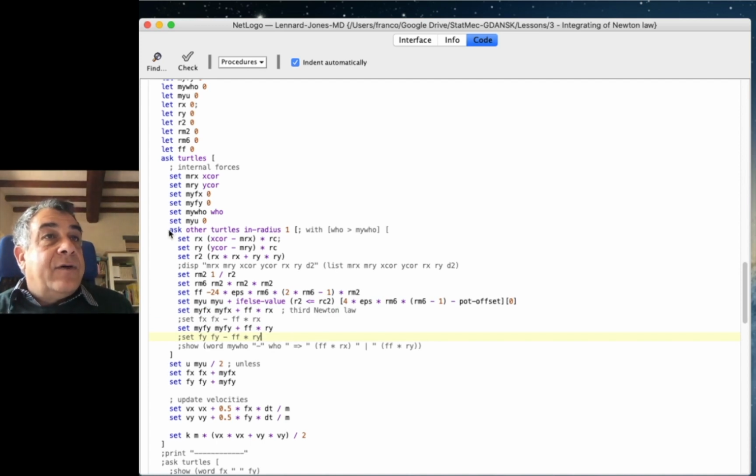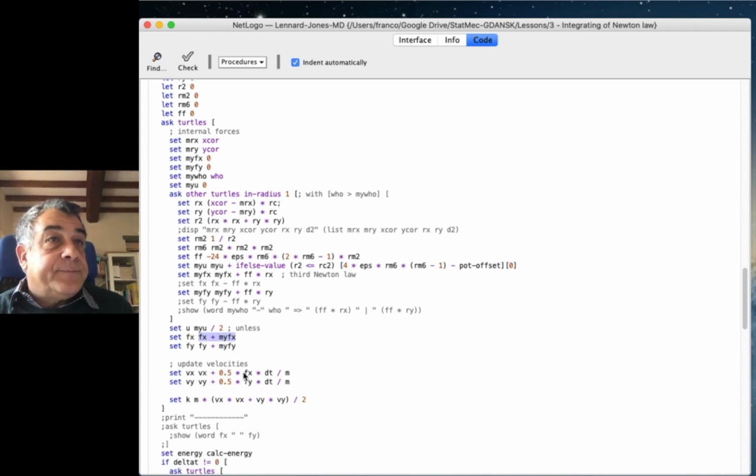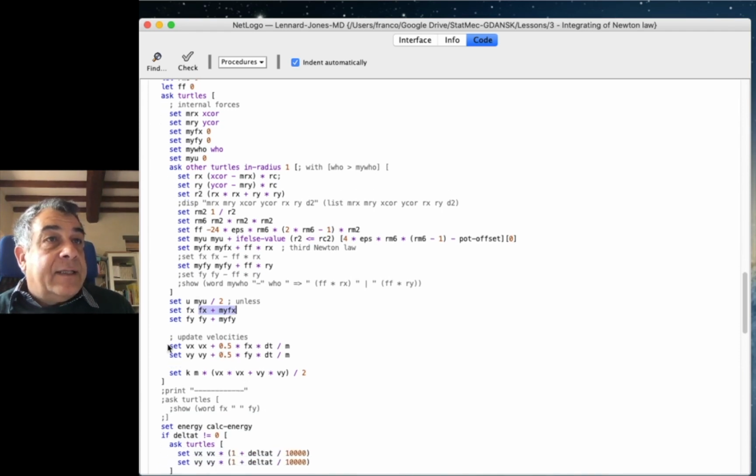And finally, having computed the increment of the force with respect to all others and having summed it into my fx and my fy, I can finally set the force of the turtle who started the computation to this, and then I can update the velocity with the new forces.